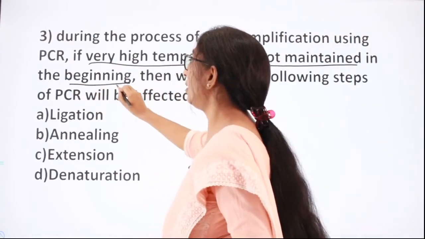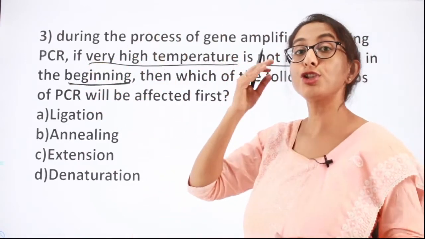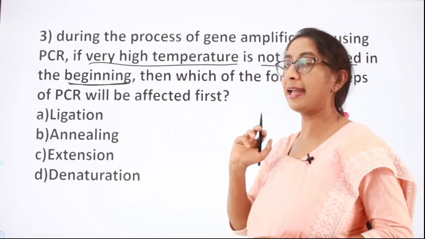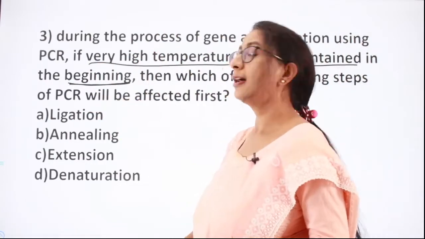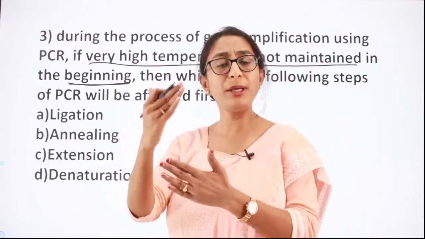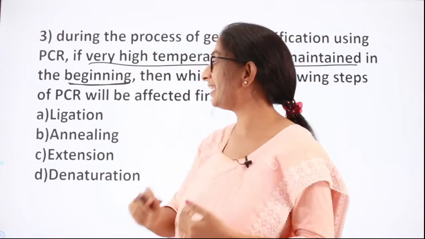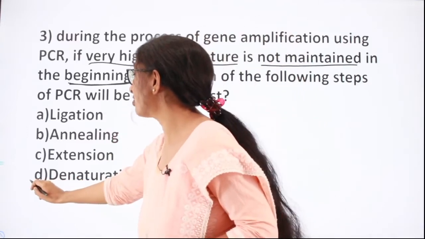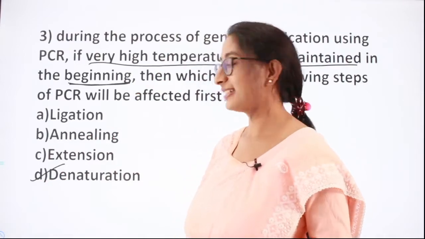So these are very important clues. Keep this in mind. Very high temperature is not maintained in the beginning of the reaction. So then which of the following steps of the PCR will be affected? So which is the step which happens in the very beginning? Which is the first step in PCR? It is denaturation, isn't it? So definitely the denaturation step will get affected. So D is the right answer.